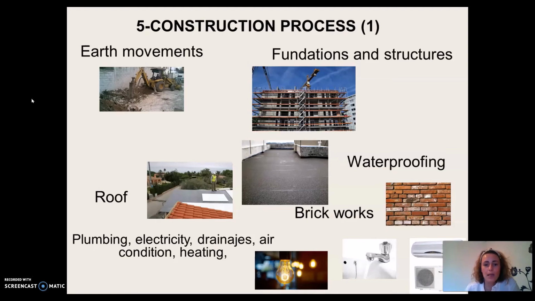Brickworks include facades and interior partitions, which lay out the house, or the houses if there will be more than one. Plumbing, electricity, drainages, air conditioning and heating are the facilities, the installations of the building.